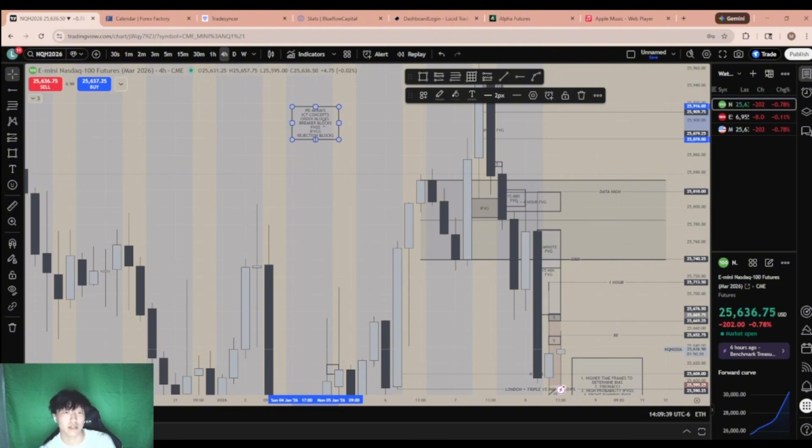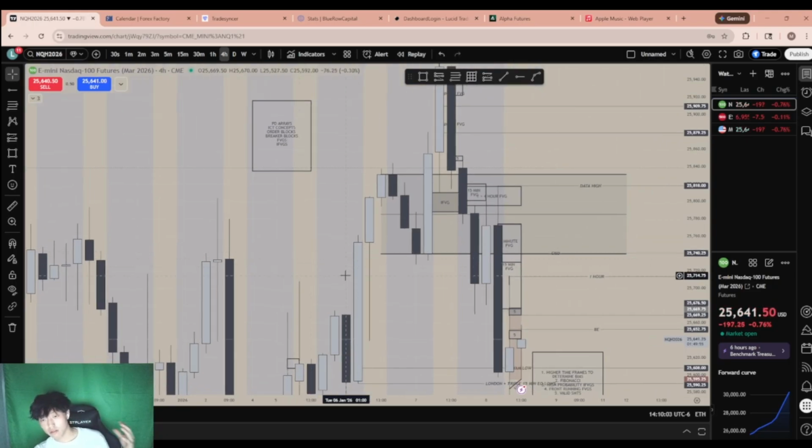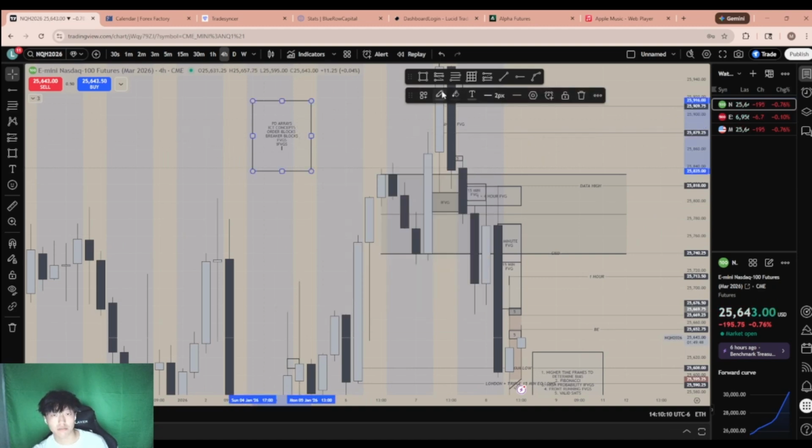There's a lot of blocks, like a mitigation block. It doesn't even fit on the screen. Mitigation blocks, which you really don't got to worry about, mitigation or rejection blocks. There's a lot of block concepts, but those are not even important, really. These are really your main ones. And they're all just PD arrays.